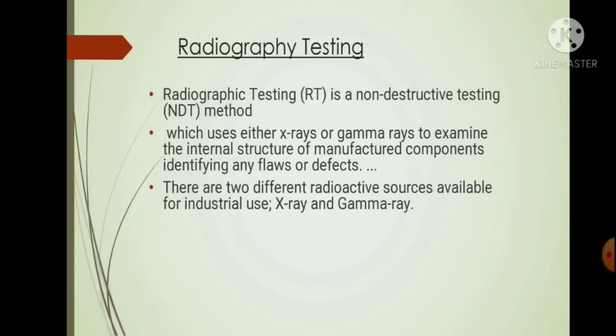Radiographic and ultrasonic weld inspection are the two most common methods of non-destructive testing used to detect discontinuities within the internal structure of welds. We shall briefly examine these two methods of NDT. There are two different radioactive sources available for industrial use, X-rays and gamma rays.